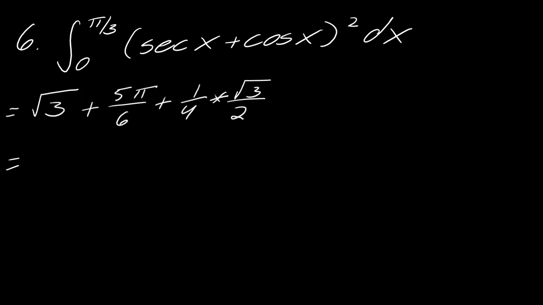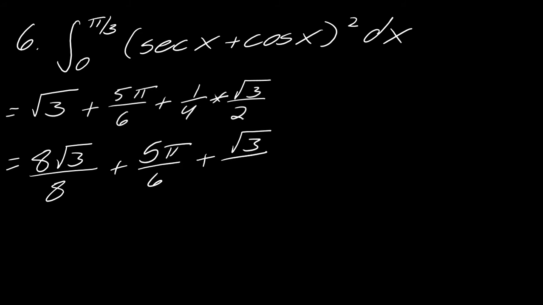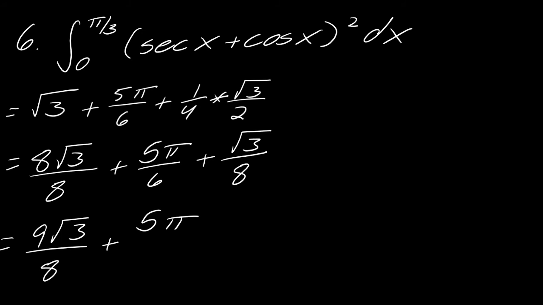So let's rewrite this as 8 square root of 3 over 8, and then 5 pi over 6, and then square root of 3 over 8, so that I can write the final answer, 9 square root of 3 over 8 plus 5 pi over 6. And so that's how you get to that one.